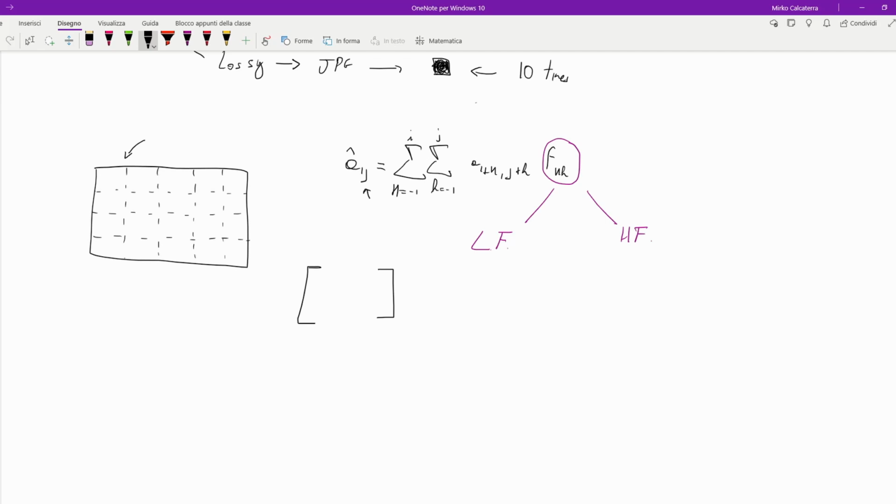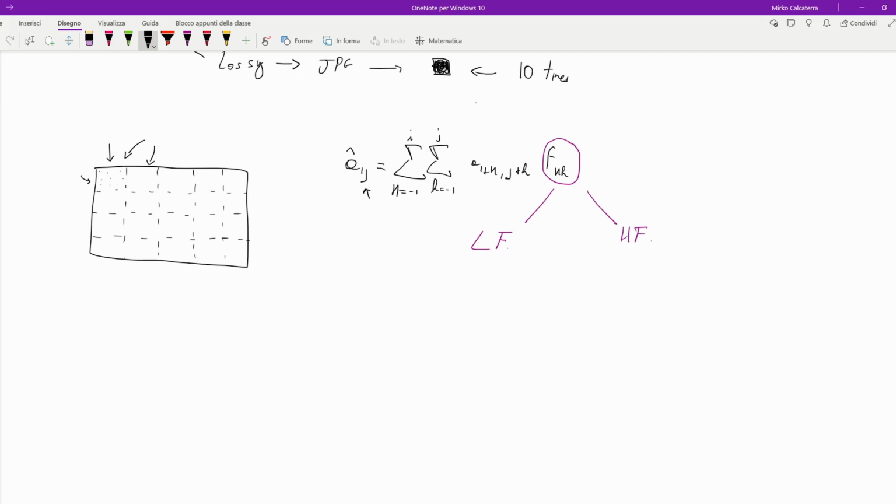Of course, I consider a square image only for simplicity. We can work also with a rectangular image, of course. What's important is that this small box is square. So let's think about a box full of pixels, for example 3 by 3. Instead of each pixel, you substitute the average that is present in this box.